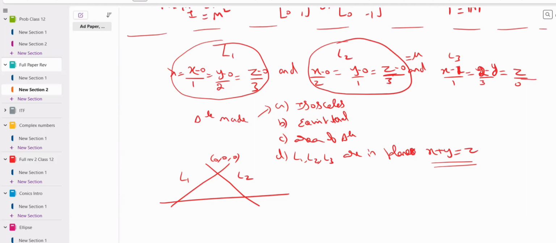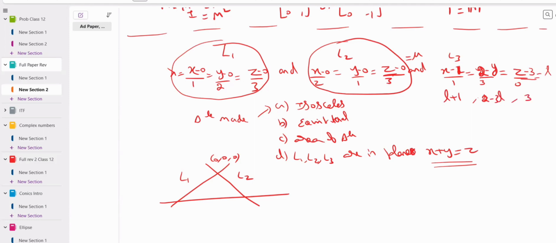I think I missed D, z minus 3, suppose. Coming to the last one, you can understand the z value is always going to be 3, if you consider it equal to some m or lambda or L, whatever. So x comes out to be L plus 1, but y comes out to be 2 minus 3L.